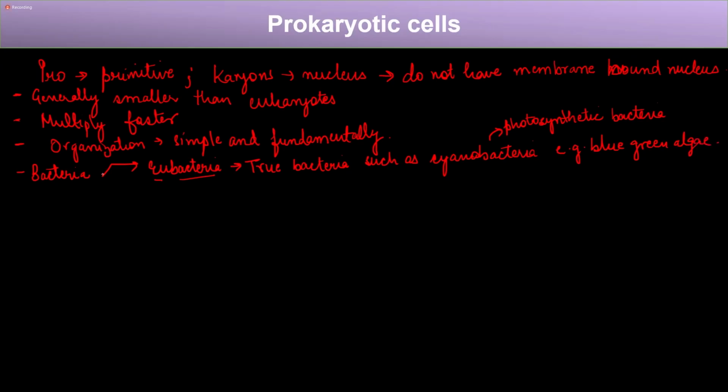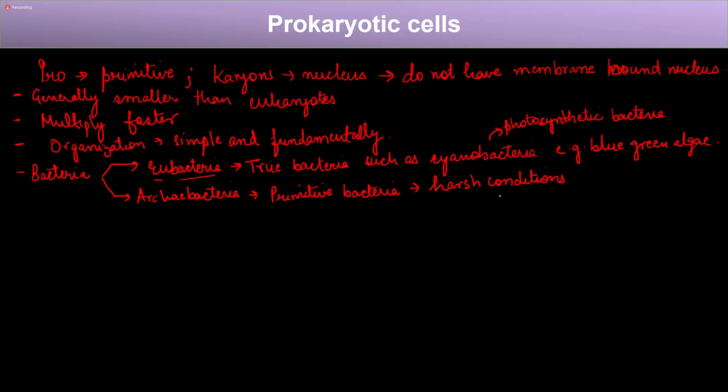Apart from this, we have another class of bacteria known as archaebacteria. The archaebacteria are the primitive or the oldest type of bacteria that is present. These bacteria are generally found in harsh conditions, such as high temperature and high salt conditions.